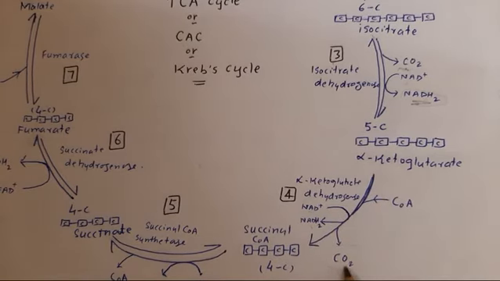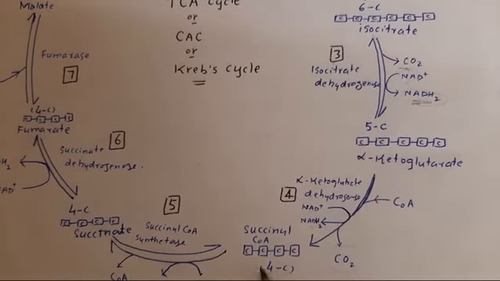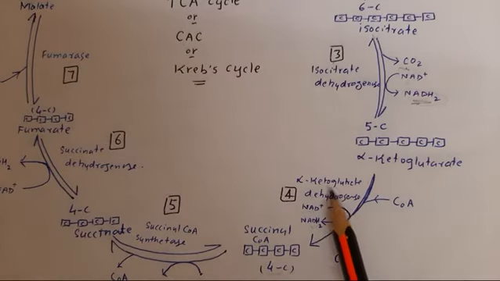With the removal of this second carbon dioxide, the 5-carbon alpha-ketoglutarate is changed into a 4-carbon molecule known as succinyl, right? This reaction takes place in the presence of the enzyme alpha-ketoglutarate dehydrogenase.